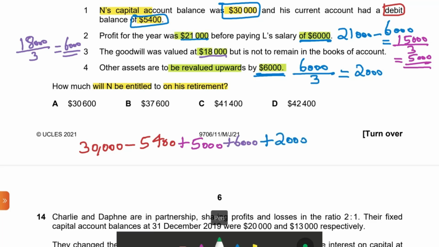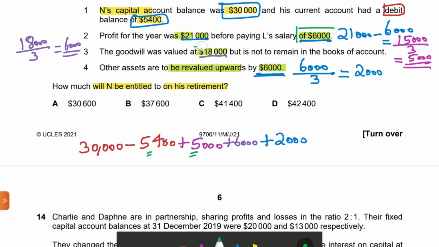One more time. We deducted the 5,400 current account balance. Then the divisible profit after deducting L's salary is 15,000, shared 1:1:1, so 1/3 of 15,000 is 5,000.